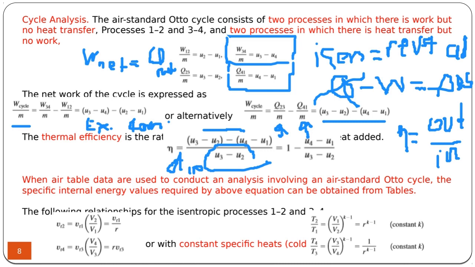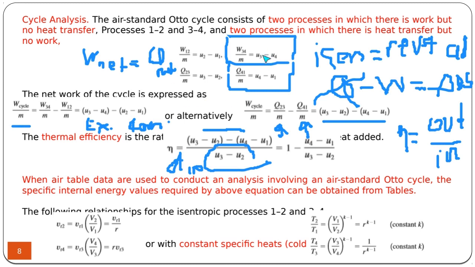Up to now, we analyzed a cycle that used air standard. According to the air standard cycle, we have to use the air table and read the values of the internal energies from the air table.